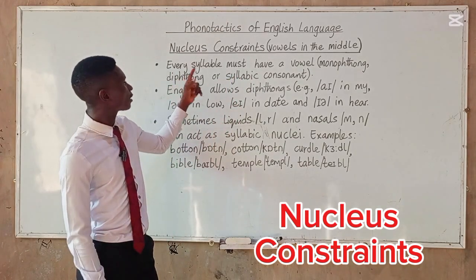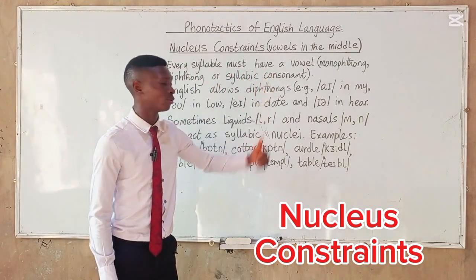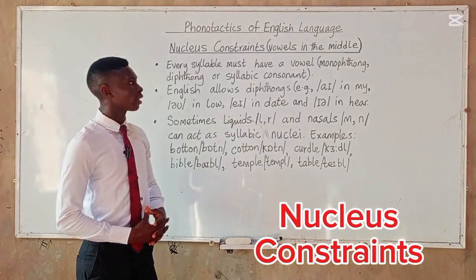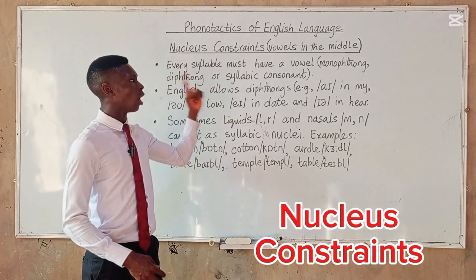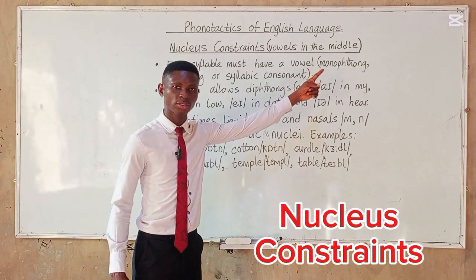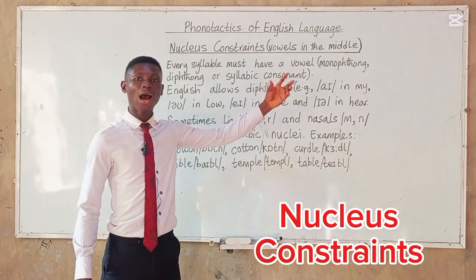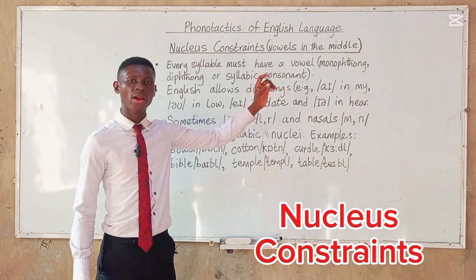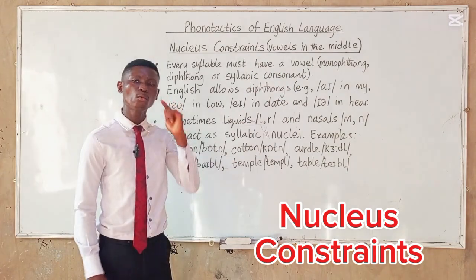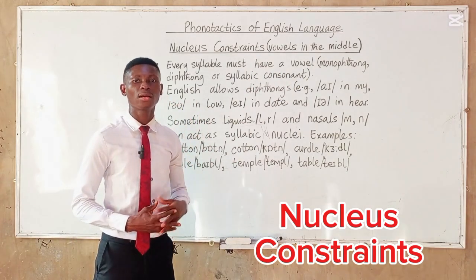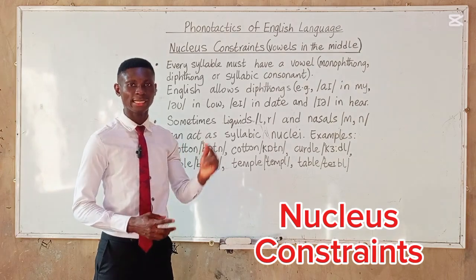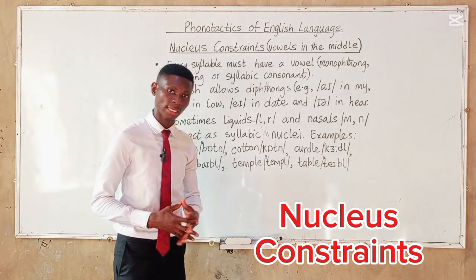So when we say every syllable must have a vowel, it means that it must have one of the 12 monophthongs, such as a, e, o. You must have one of those 12 monophthongs in a syllable before you can call it a syllable.